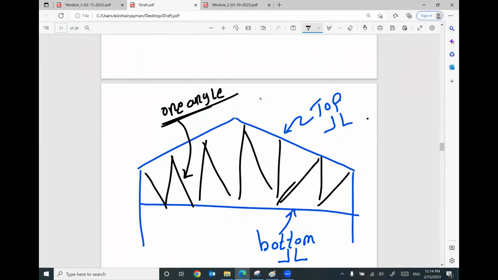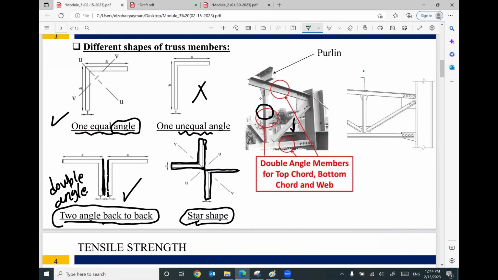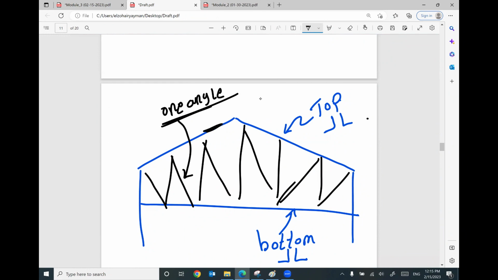If you look at this picture, you will find what I said. This member which is inclined is a single angle. This one is vertical, and this one is top, and this one is bottom. You will find them double angle. What I said is just a recommendation. Sometimes you can find something else. If you put your top member as one angle, I cannot say it's wrong.